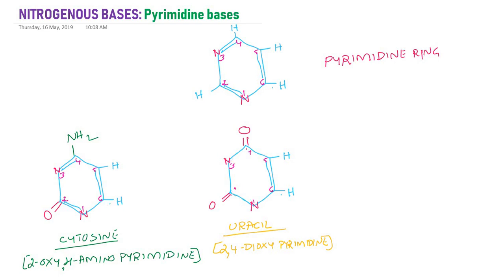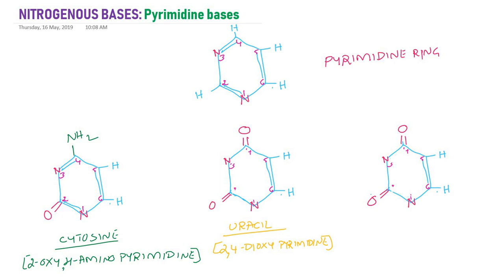The last pyrimidine base is thymine. The structure of thymine looks almost similar to uracil. It has got oxygen in both 2nd carbon atom as well as 4th carbon atom. Now this becomes uracil. I will remove this double bond.